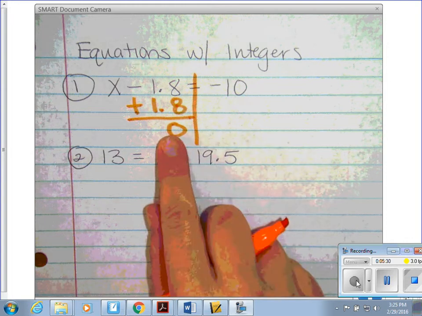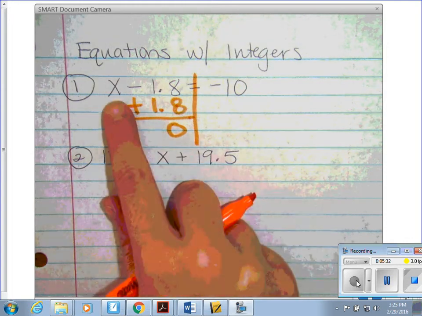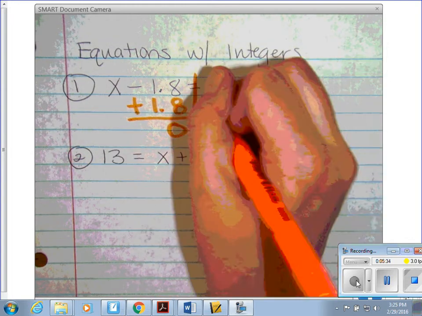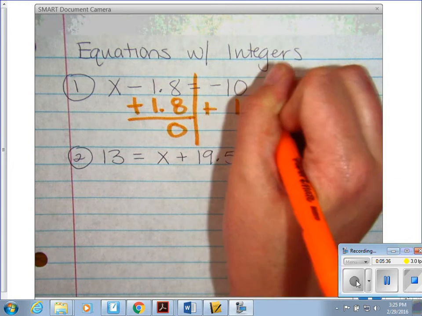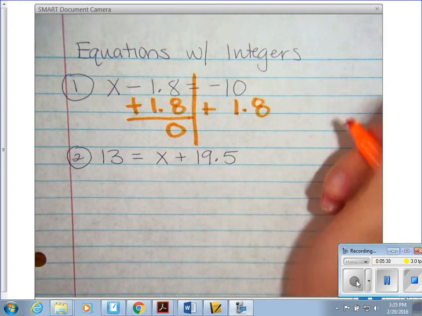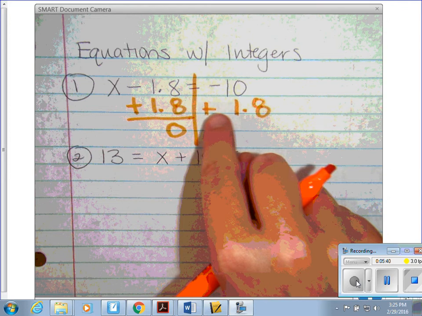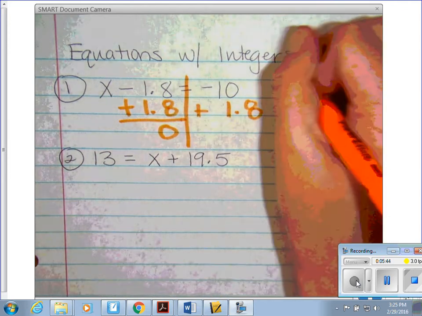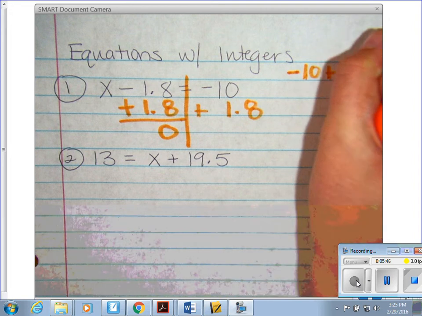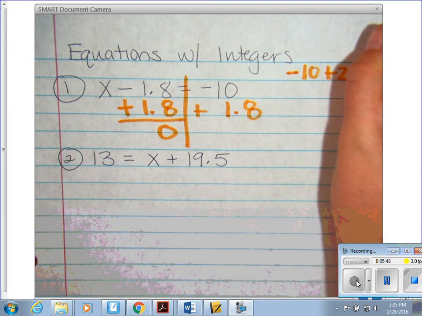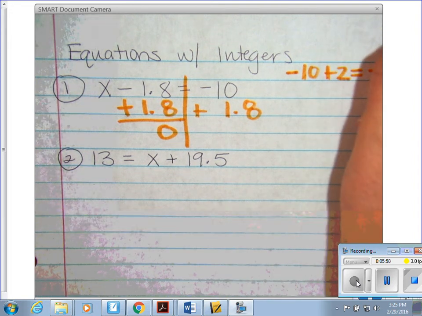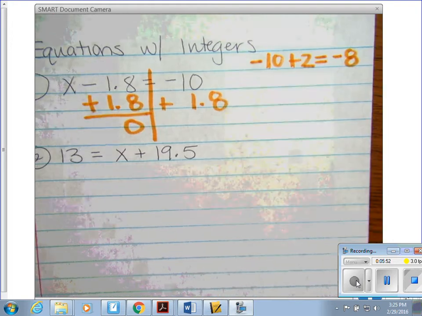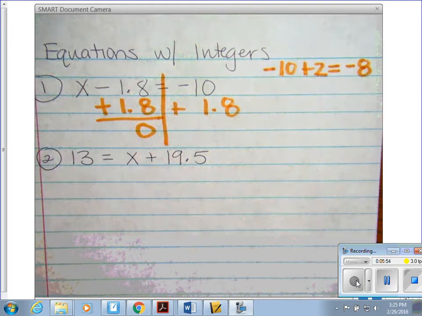We always want 0 on the side with the variable. And now I need to add 1.8 to this side. But the problem is, it's negative 10 plus 1.8. If I estimated what is negative 10 plus 2, I would get an answer of negative 8. So my answer needs to be approximately negative 8.